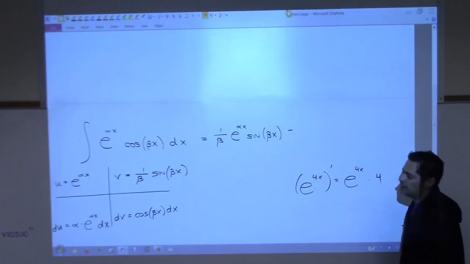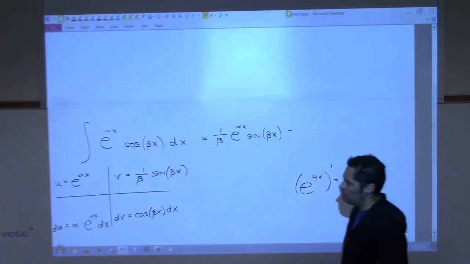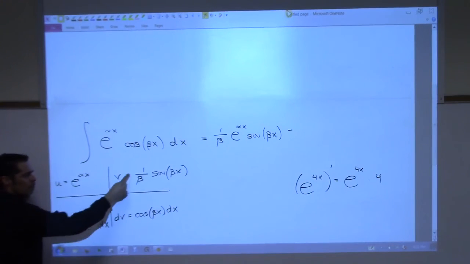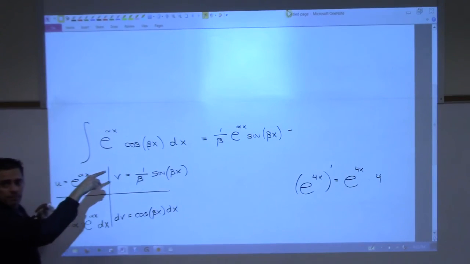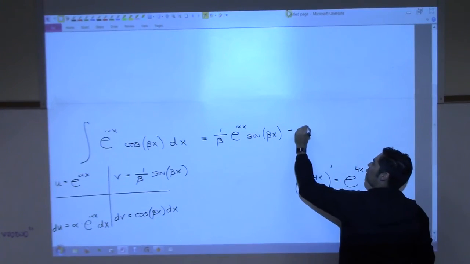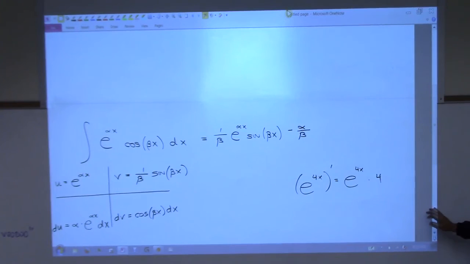Now, I don't know how far you want to push, but would you like to pull constants out before I write the integral down? Because that's where you want to get, where you don't have to write it twice. Think about your diagonal here. You're going to have a 1 over beta, right? And an alpha, and that's coming out. So I should put minus what? Alpha over beta, right? That's the same as alpha times 1 over beta.